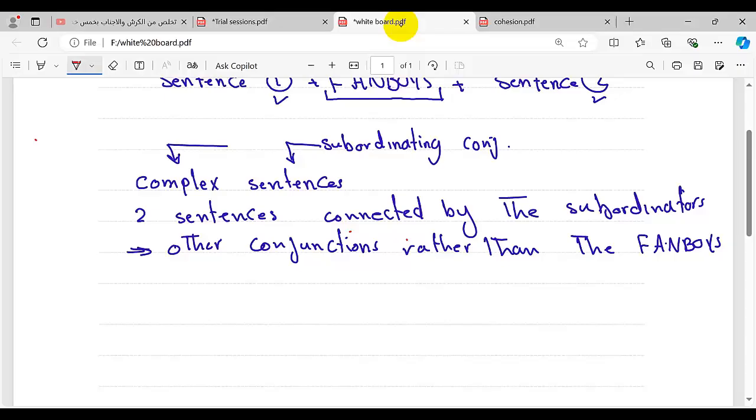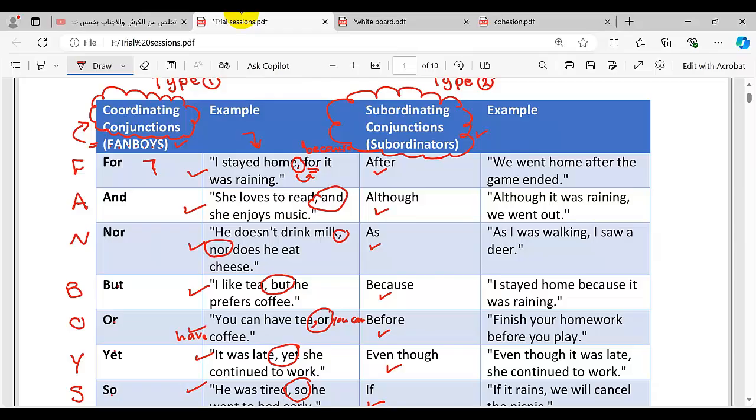So if I used one of this list, like after: we went home after the game ended. This sentence is what kind of sentence? This is a complex sentence. Why? Because it includes one of the subordinating conjunctions, which is after. Let's read the second sentence.